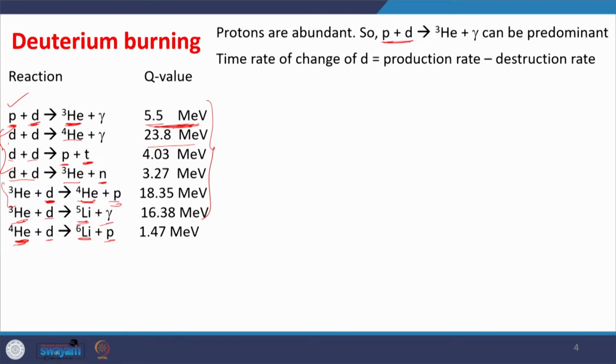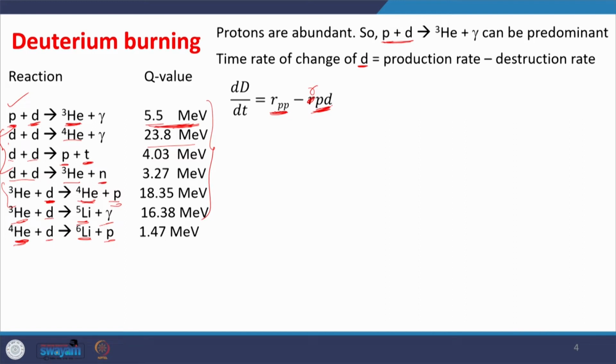So, now it is time to understand the time rate of change of deuterium. Okay? So, it means production rate minus destruction rate. Production rate is, reaction rate is R_PP, destruction rate, this I should write as R_PD, in subscript. So, this is the production rate and this is the destruction rate via proton plus deuterium.